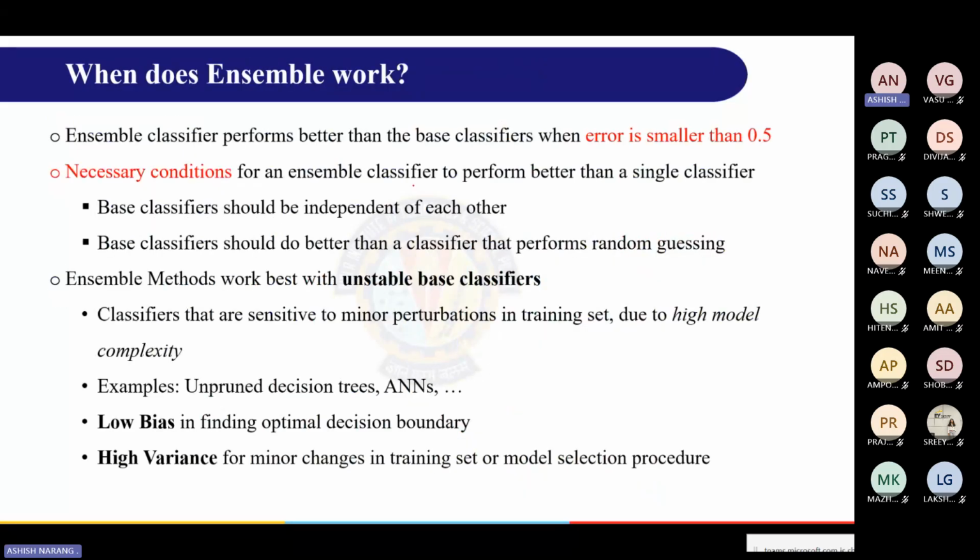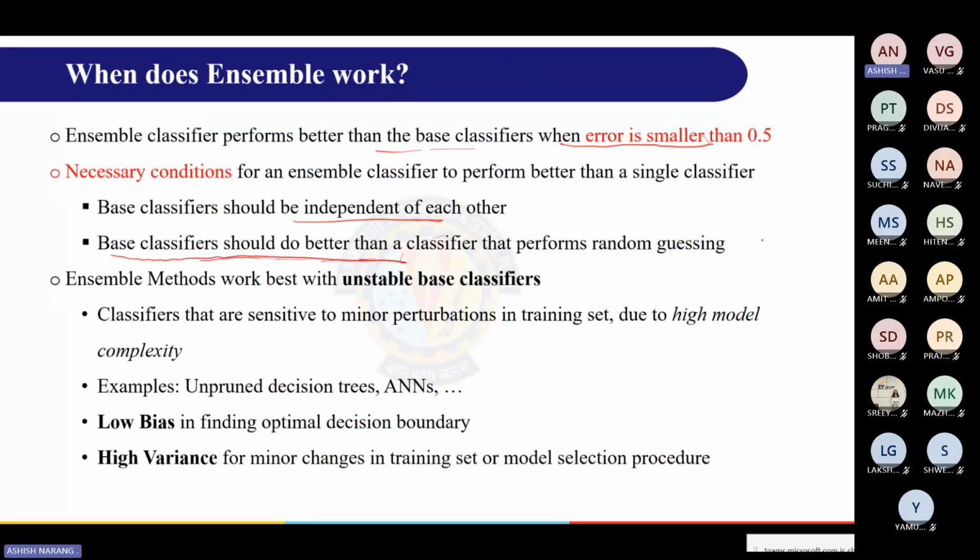So the ensemble classifier performs better than the base classifier when the error is smaller than 0.5. So the necessary condition for an ensemble classifier to perform better than a single classifier is that the base classifiers should be independent of each other and should do better than a classifier that performs random guessing. Random guessing means 50-50%.